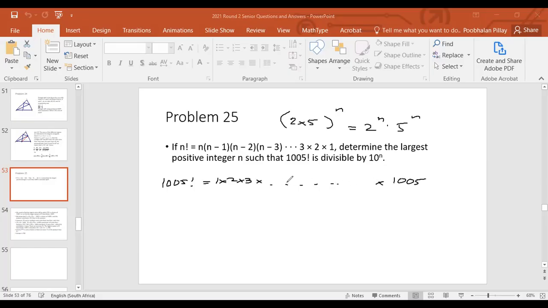If I know the largest power of 5 that can go into this, that will be the same as the largest power of 10, because each of those 5s can be matched with one of the 2s.